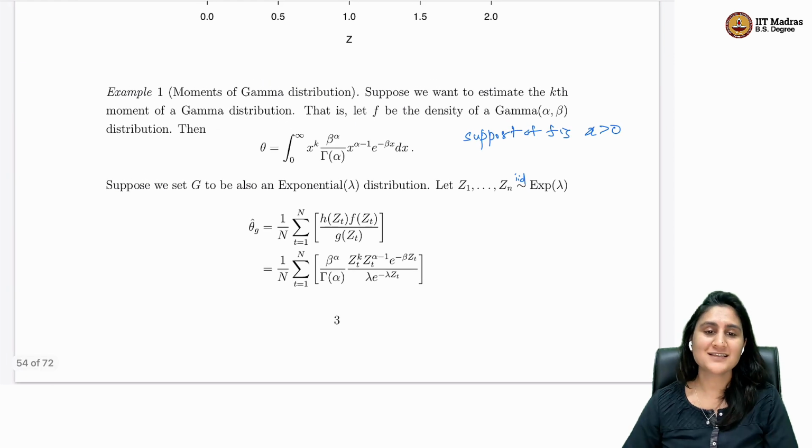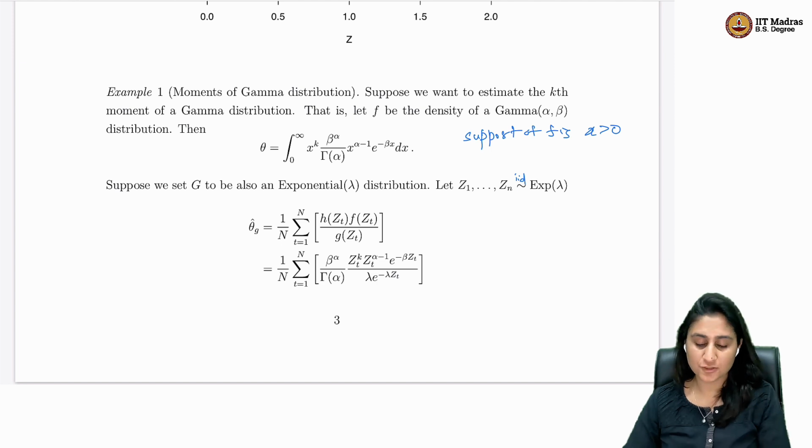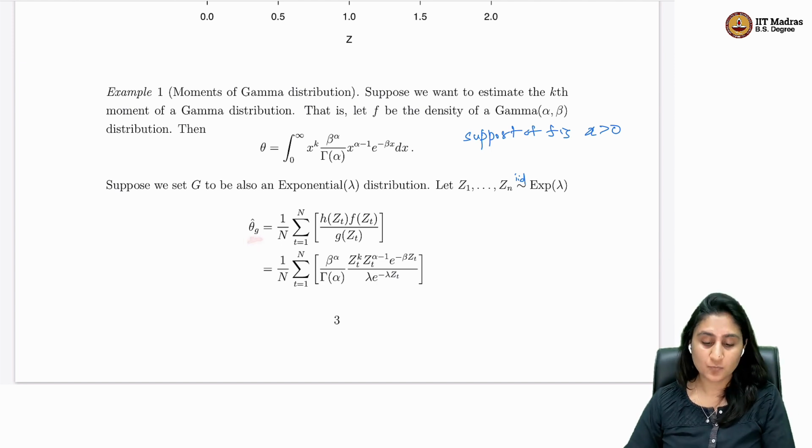Then my importance sampling estimator again is nothing but a weighted sample average. So theta hat n is 1 over n times the summation from i equals 1 to n of h of z times f of z divided by g of z.